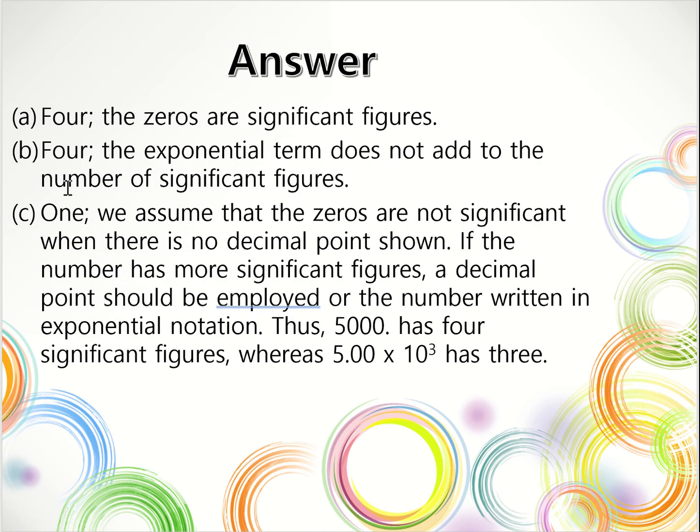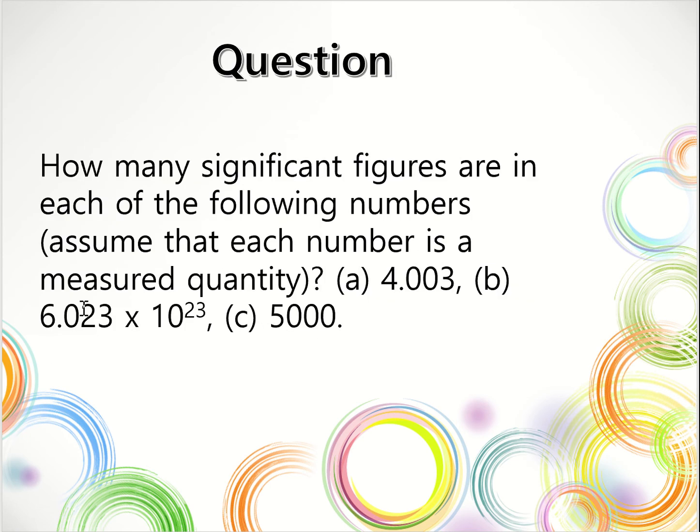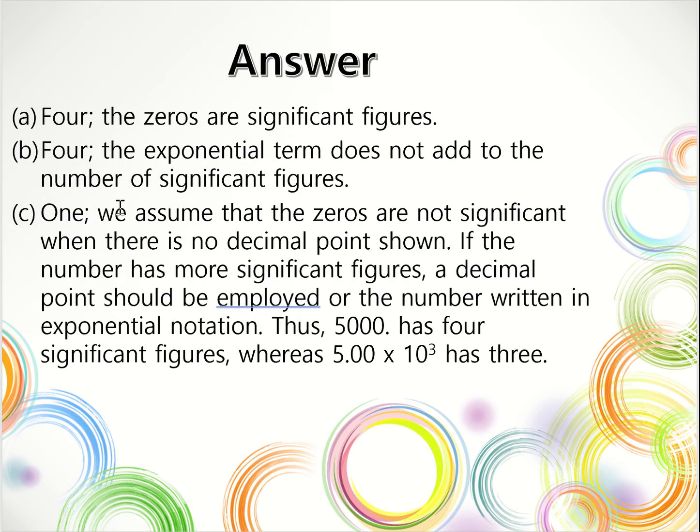And then finally, for the 5,000, right, for this one, we're saying that it has one significant figure. So we assume that the zeros are not significant when there's no decimal point, as we said before. If the number has more significant figures, a decimal point should be employed, or the number written in exponential notation.